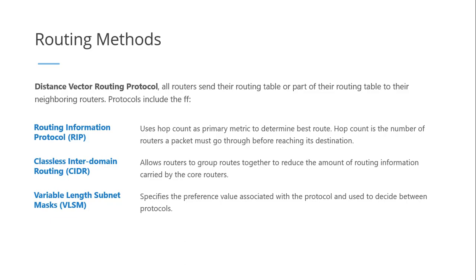For example, we can divide this by 5 with equal 20 hosts each, something like that. But with VLSM, we can actually divide the network into subnetworks having different amounts of possible hosts.